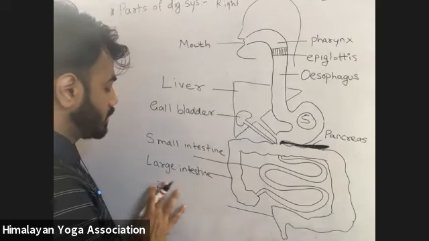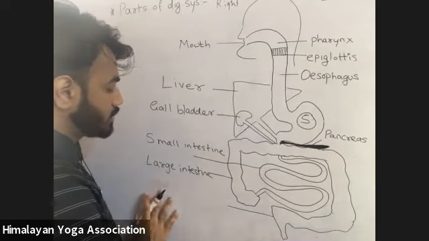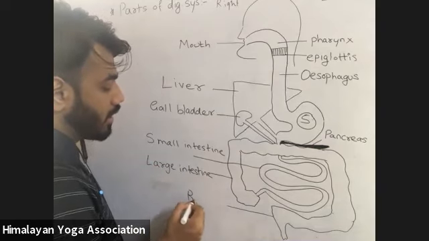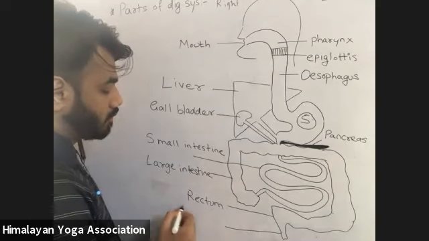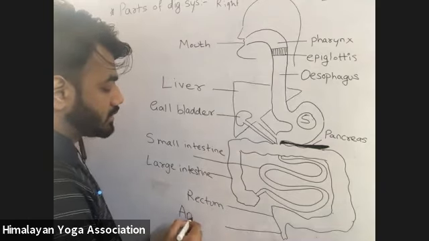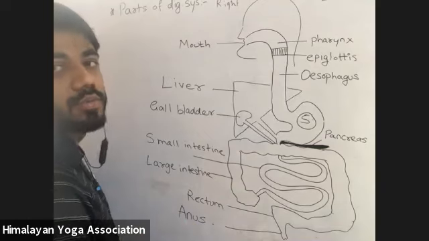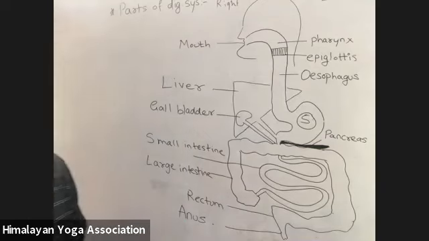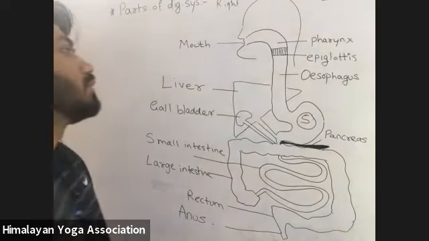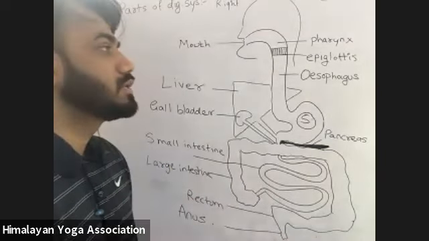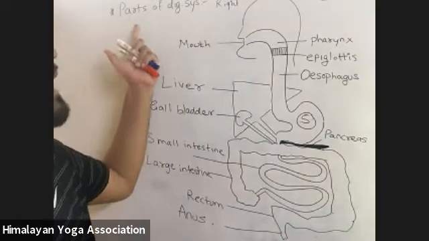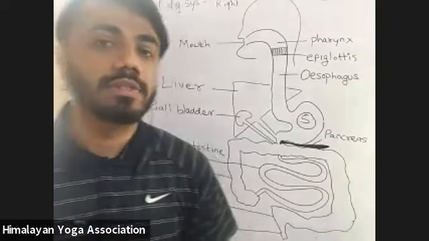The first region above the anus is known as the rectum, and where the waste material is excreted is known as the anus. So these are in short the organs, or we can say the parts of the digestive system.